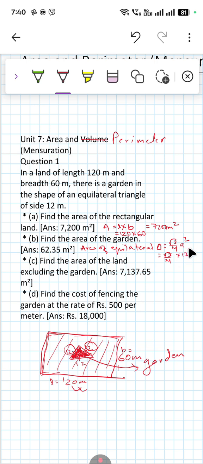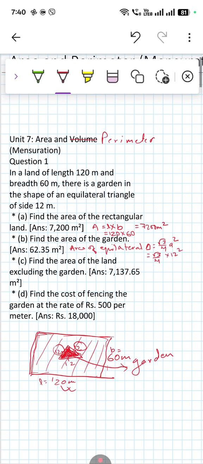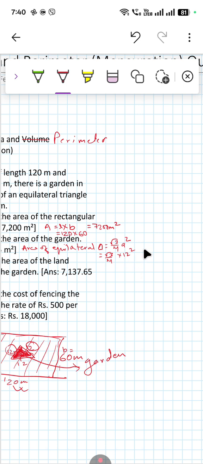So root 3 by 4 into 12 square, that is 12 into 12, that becomes 144. If you cross-cancel, 4 3s are 12, 2 is extra 24, 4 6s are 24. The answer that is coming is 36 root 3. You can convert it into decimal with the help of a calculator, or you can keep this answer.